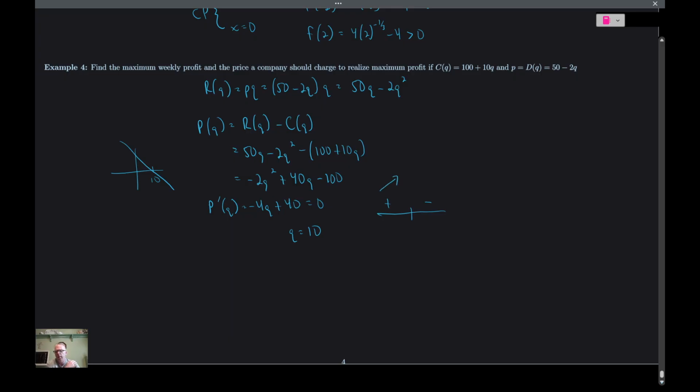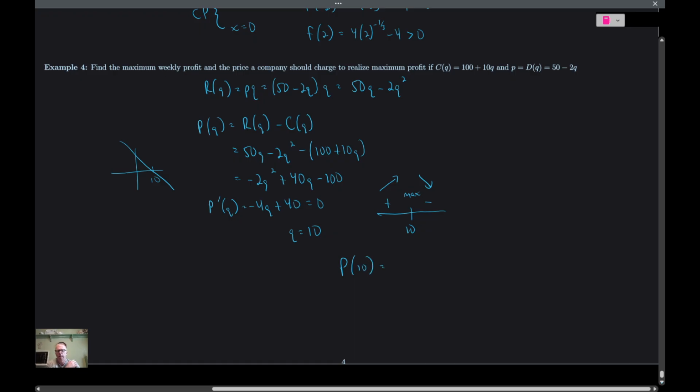So we are increasing and then we are decreasing. So 10 is going to be a maximum. And then let's find P of 10. Negative 2 times 10 squared plus 40 times 10 minus 100 is going to give us 100.